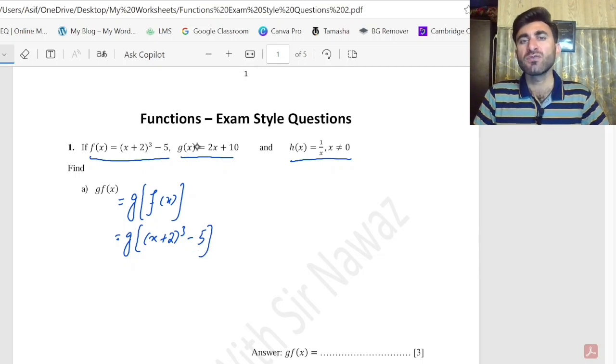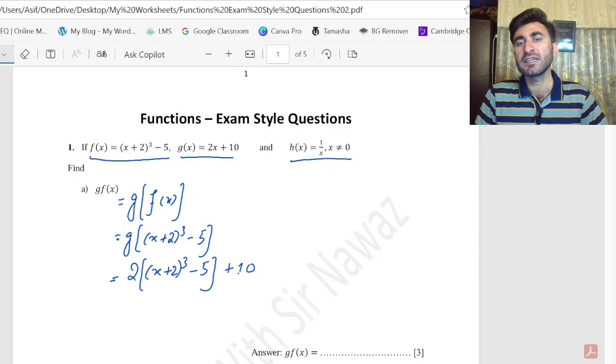Now g of x was 2x plus 10. When it is g of (x plus 2) cube minus 5, it shall become 2 times, x will be replaced with this whole expression, 2 times ((x plus 2) whole cube minus 5), then plus 10.